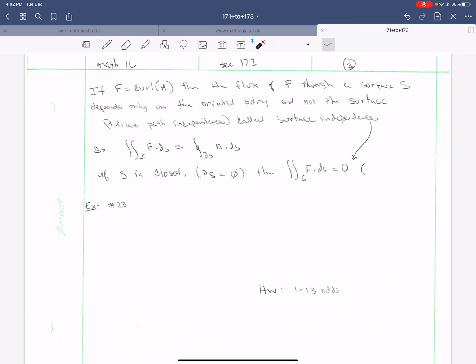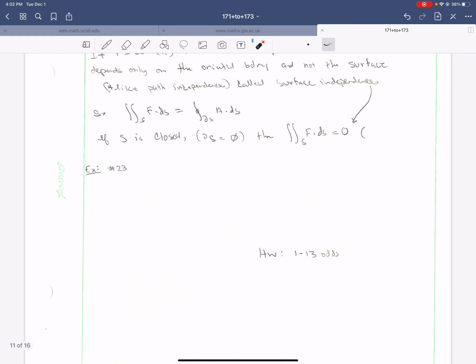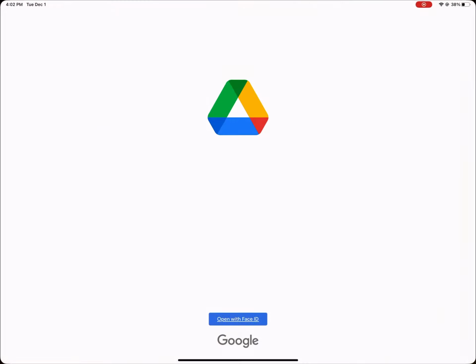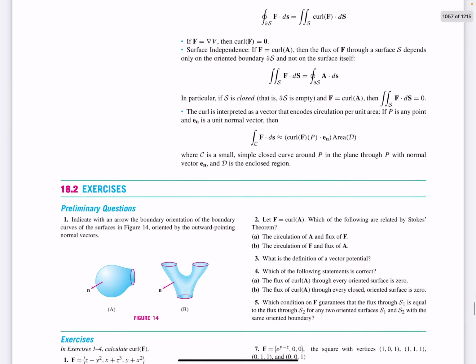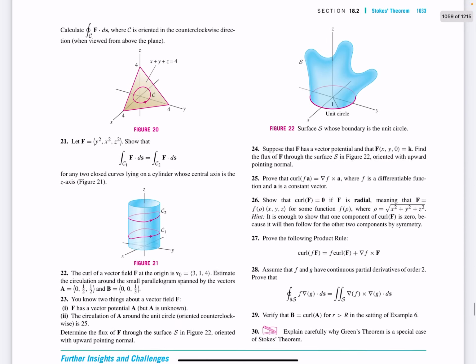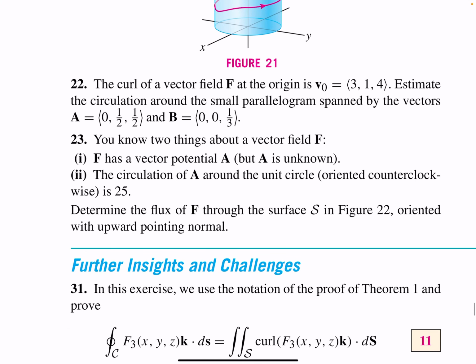All right. So then I have here, just to go over, example 23. 23 is very quick, and I just want to show it to you because we just talked about something, and this will kind of shed light on it. So look at problem 23 right here, and it says you know 2 things about a vector field. Part 1, that F has a vector potential A, but you don't get to know A. But you know then that F having a vector potential, F is the curl of A. So you do know that for sure.